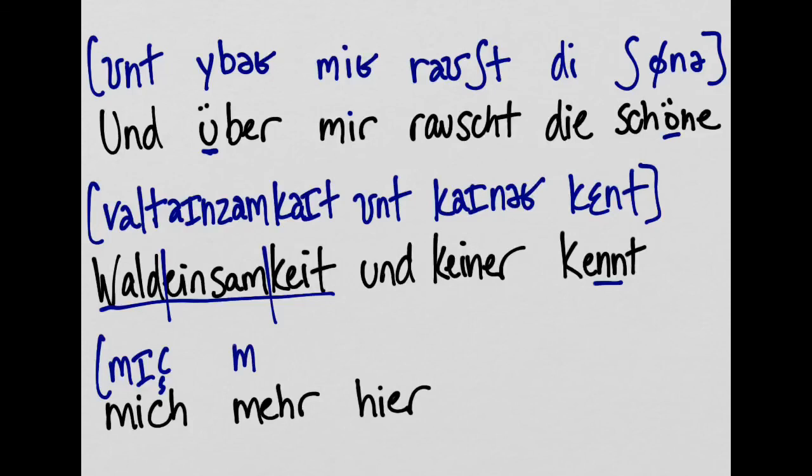M, closed E thanks to the H. R, rather, I'm going to undo that and flip it for the silent one. And finally, H at the beginning of the word we do pronounce, hier. Practicing this whole page. Und über mir rauscht die schöne Waldeinsamkeit und keiner kennt mich mehr hier.